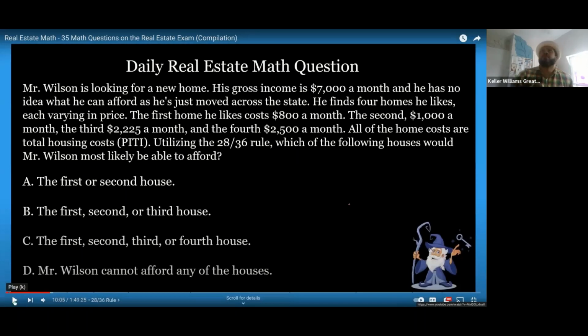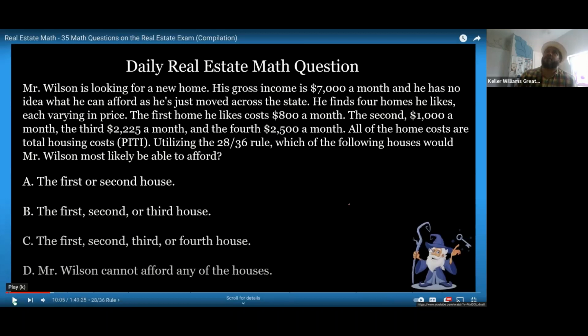All right. So Mr. Wilson is looking for a new home. His gross income is $7,000 a month, and he has no idea what he can afford as he's just moved across the state. He finds 4 homes he likes, each varying in price. The first costs $800 a month, the second $1,000 a month, the third $2,225 a month, and the fourth is $2,500 a month.